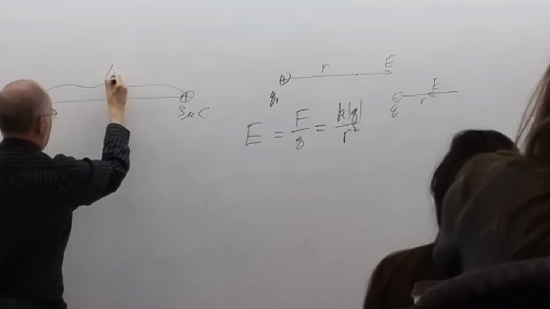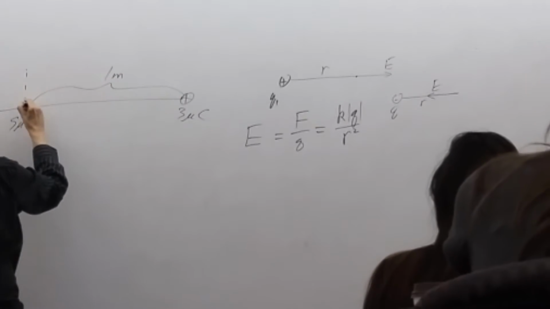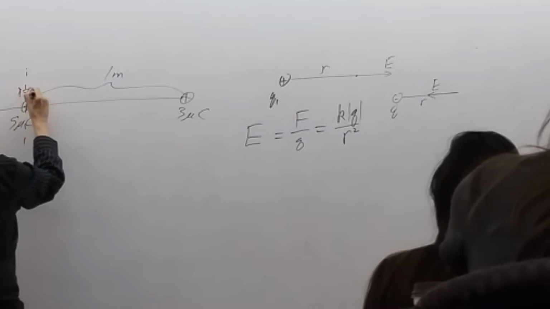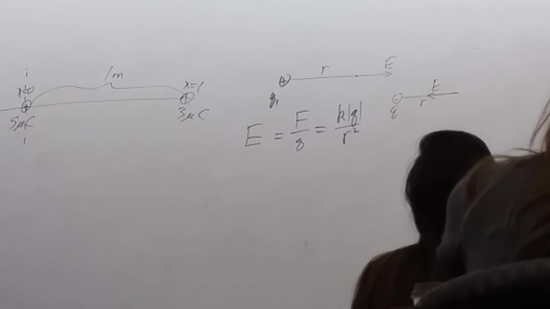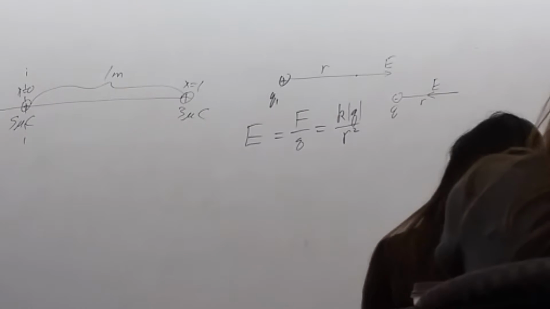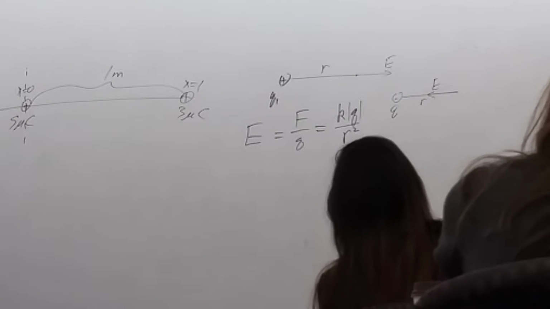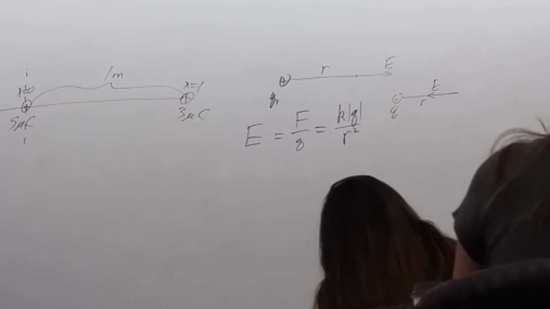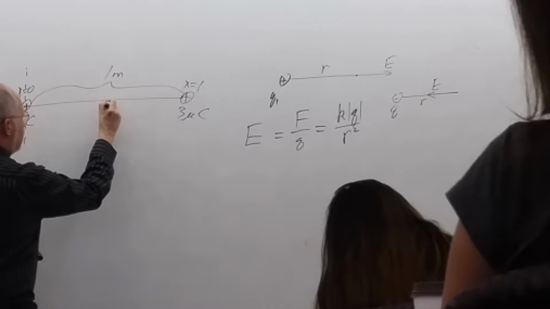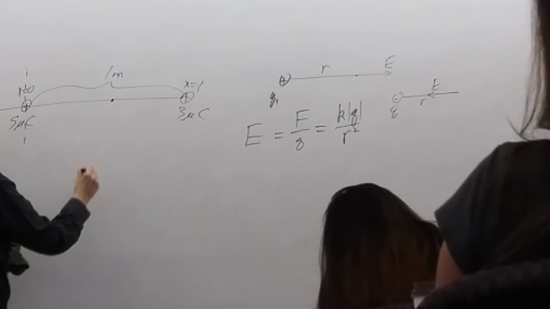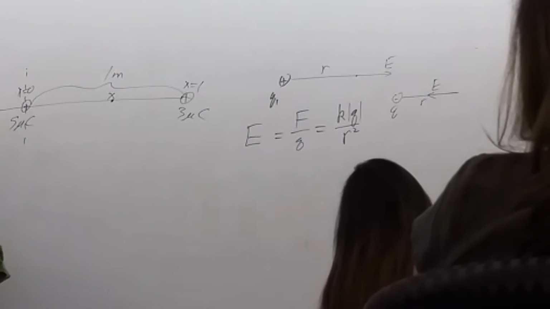This distance is my 1 meter, and let's say that's x equals 0, this is x equals 1, located on the x-axis. So where on the x-axis would you have a net electric field equal to 0? It's just going to be somewhere here, and we're going to call that position x.